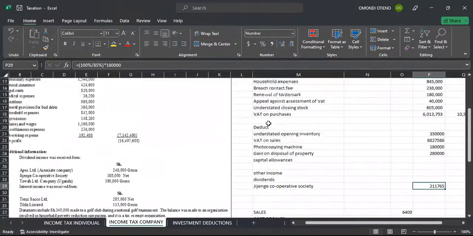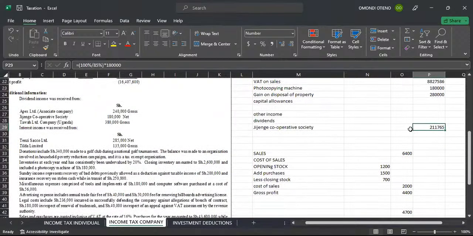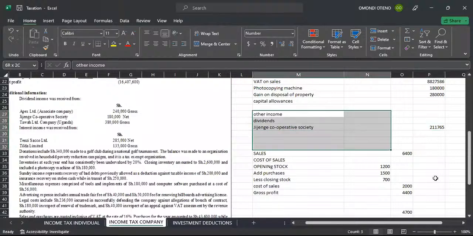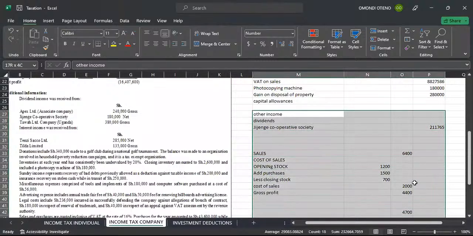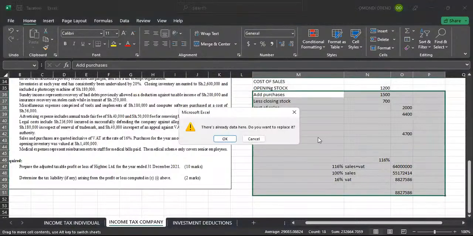Another person may decide that atoe hiyo dividends yote kwanza, the total dividends which was recorded up there, then after removing that dividends, that's when they come down here to put the entire value. I believe tunapatana hapo. I believe we are getting each other.